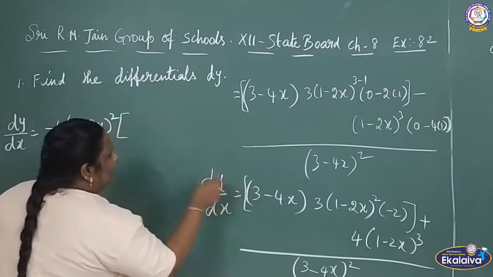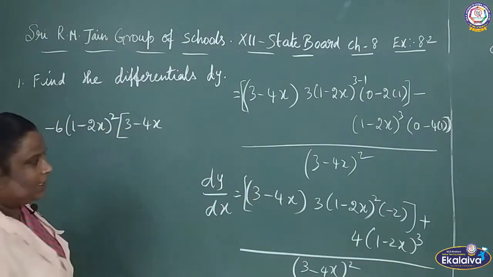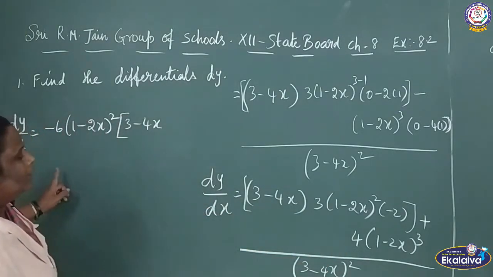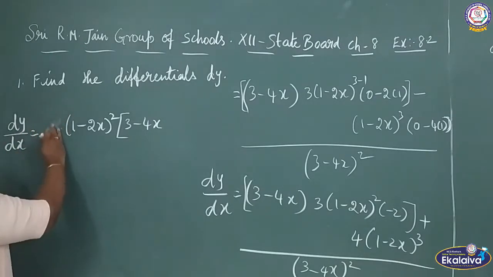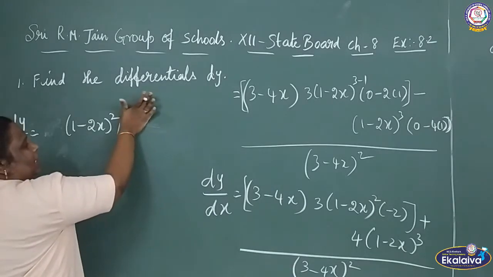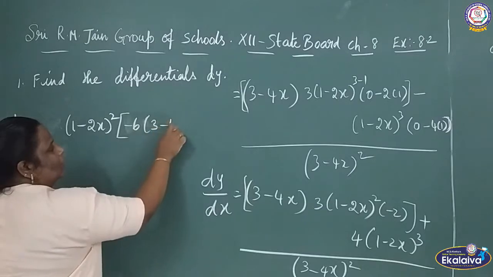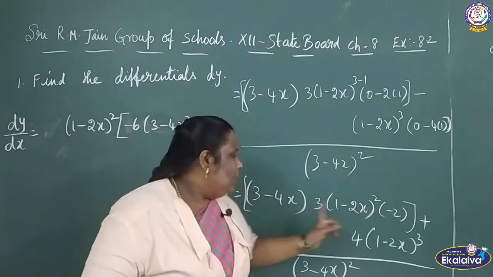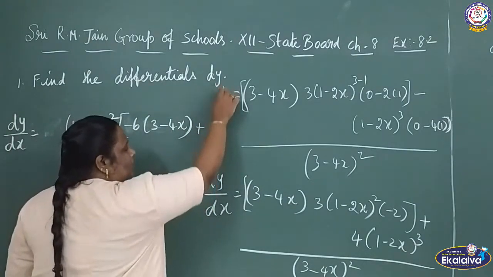See, 3 minus 4x. See here, plus 6 into... I will take only (1 minus 2x) the whole square as common out. What is the remaining thing here? See, minus 6 into (3 minus 4x).